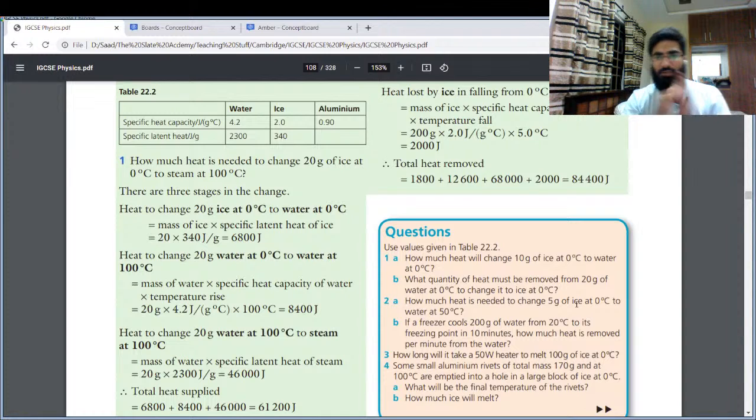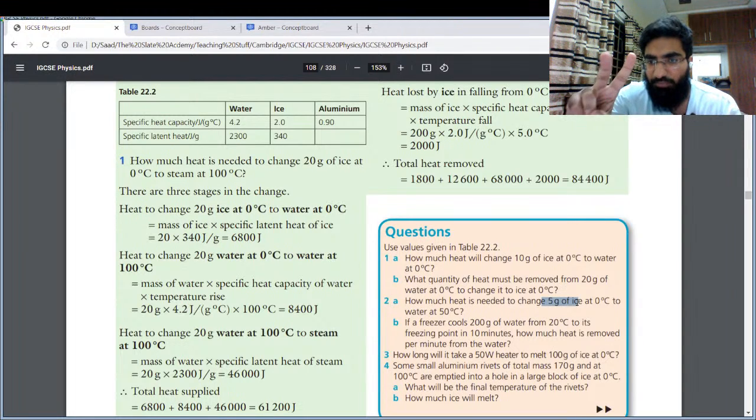So the question says how much energy is needed to change 5 grams of ice. Ice is currently at 0 degrees centigrade, and I want to convert it into water, number one, and that water must have a temperature of 50 degrees centigrade. So first I'll do the formula for conversion of ice to water. That would be step one.